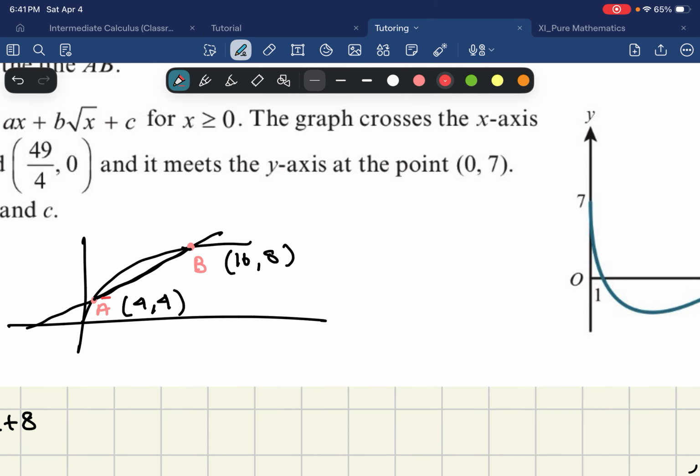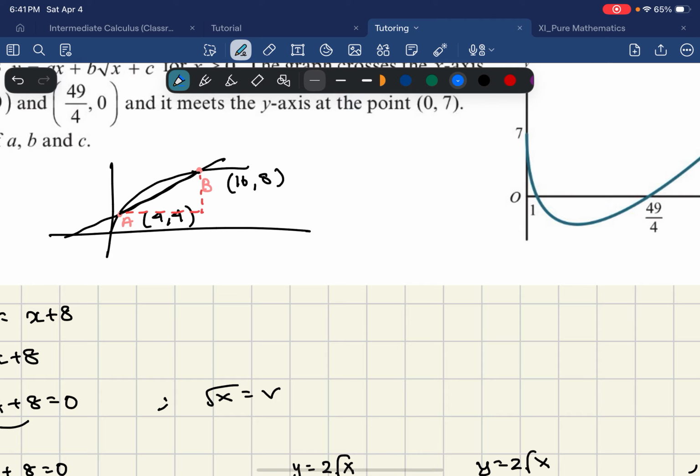So we want to draw a right angle triangle like this. And basically, how we're going to solve is we want this length plus this length. This is a right angle triangle. So AB whole squared is going to be my base squared, right? So what is my base squared? It's going to be the distance between the x coordinates.